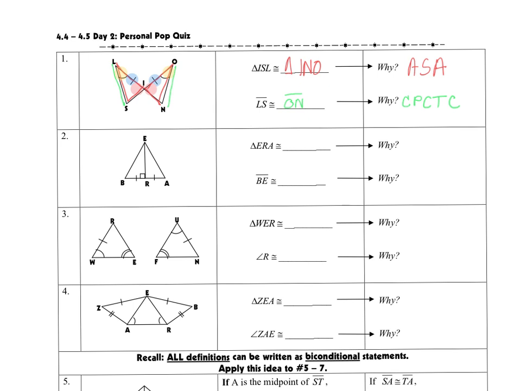All right, if we look at our next one here, we are looking at triangle ERA. So I'm going to go for triangle ERA, and that's going to be congruent to triangle ERB.